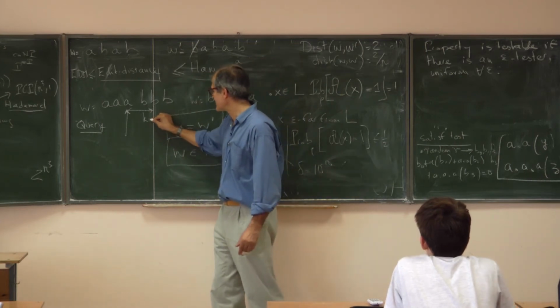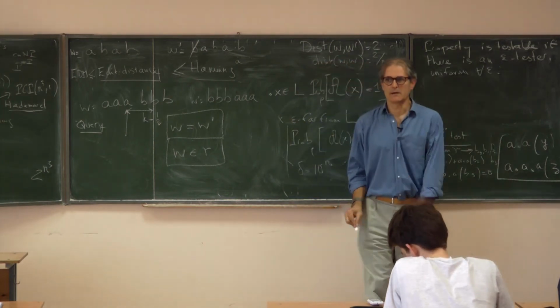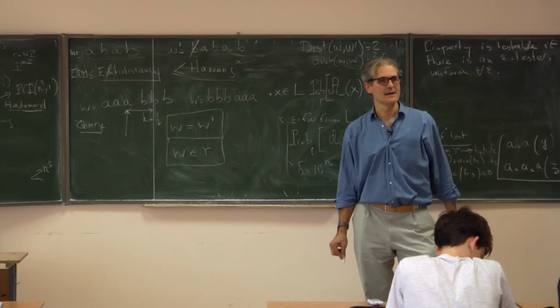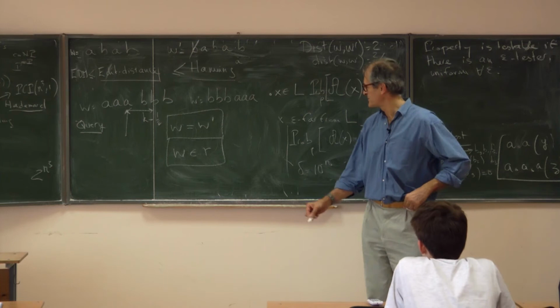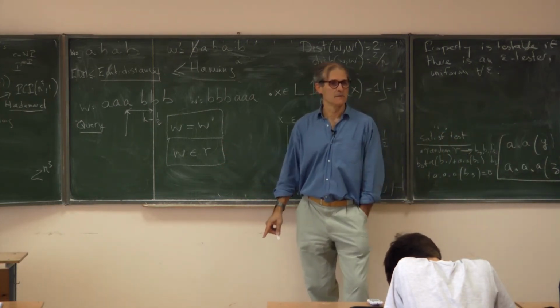Usually k is going to be 1 over epsilon. So that's a query. You take a random position, you read k, and the question is: is it enough to decide this, to decide that, and to decide many other problems?